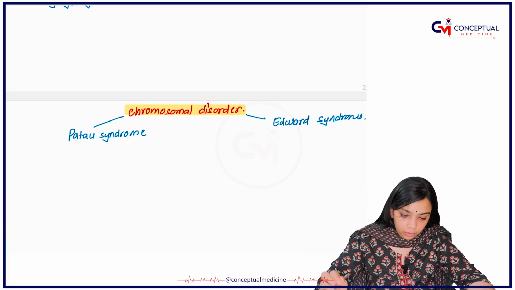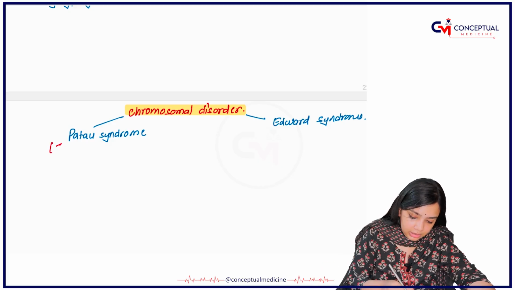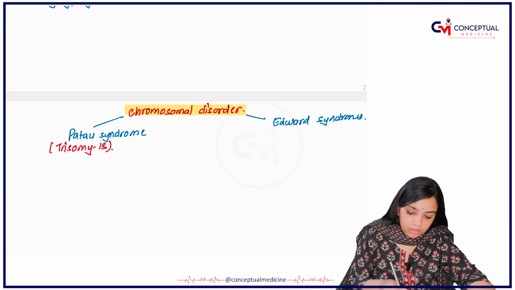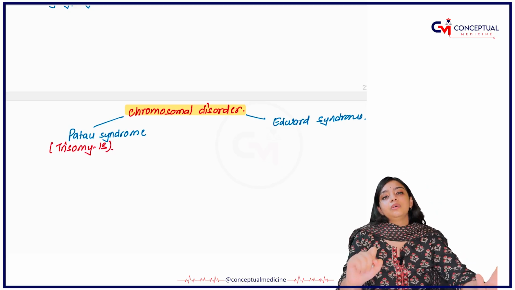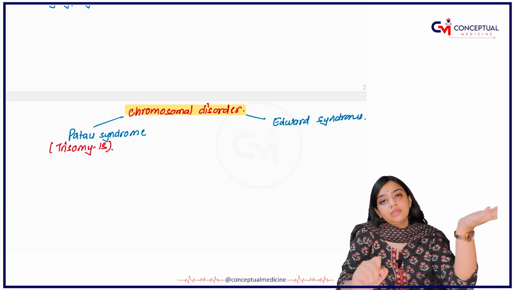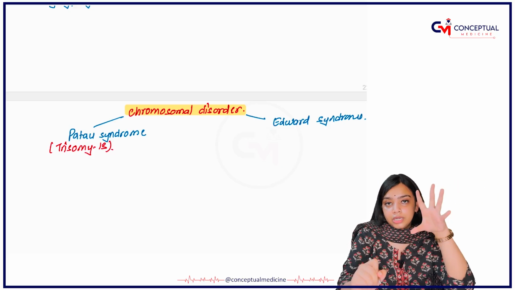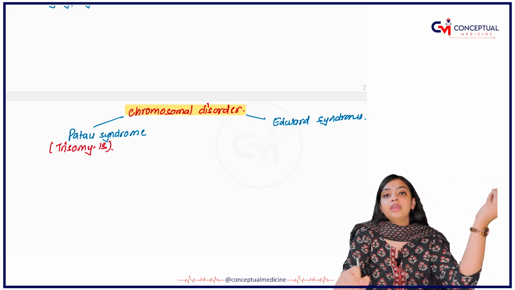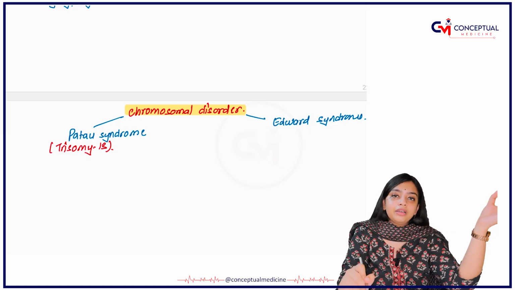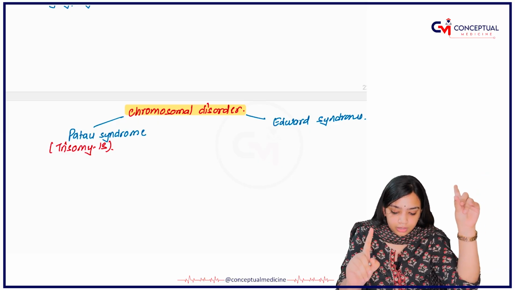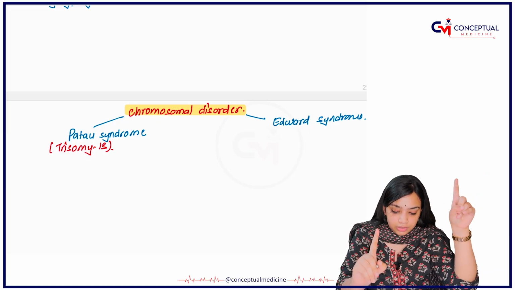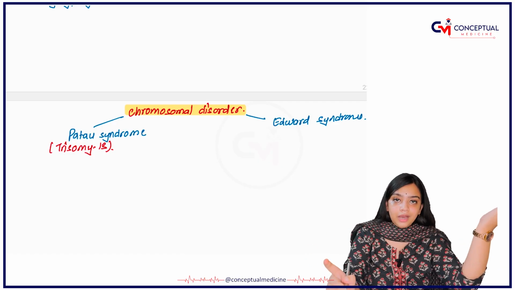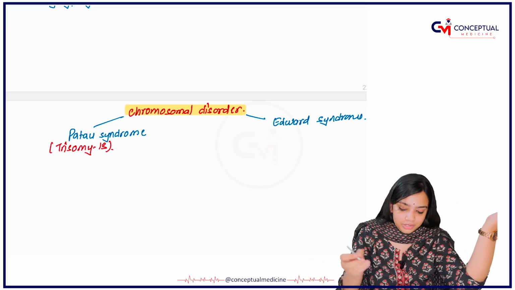So Patau syndrome is basically trisomy 13. You can remember this: the age of adolescence is from 13 years, right? So in 13 years we get attracted to the opposite gender. So at the age of 13 years we "patau" the opposite gender.